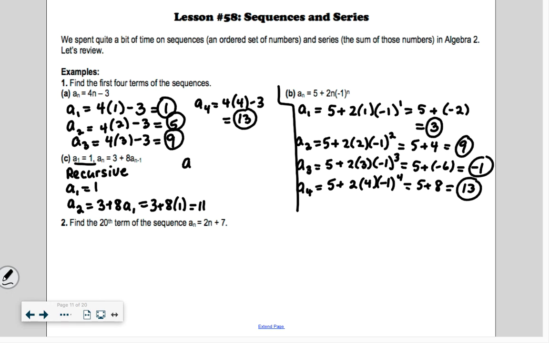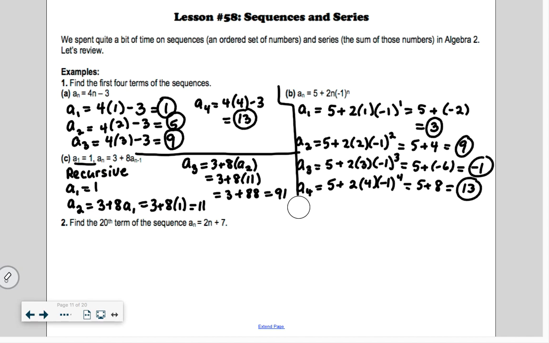So now I want to find a3. Well, a3 is going to be 3 plus 8 times a2. And what was a2? 11, right? So we have 3 plus 88, so we get 91. Makes sense?